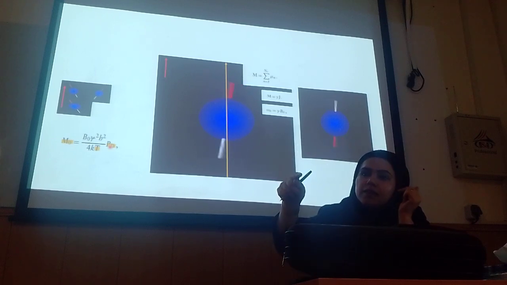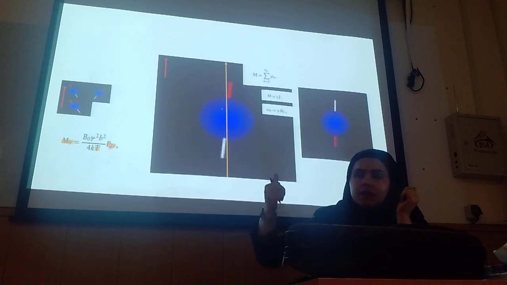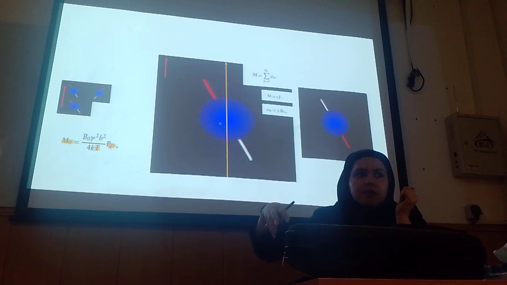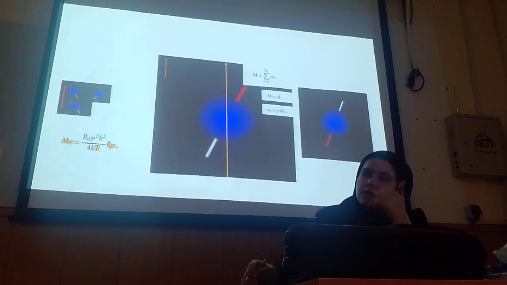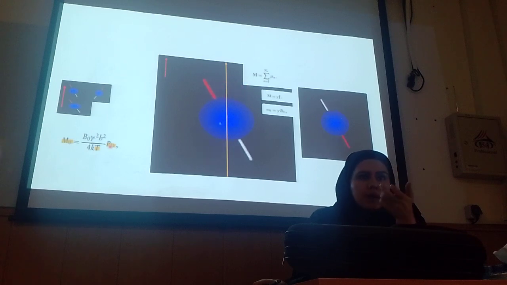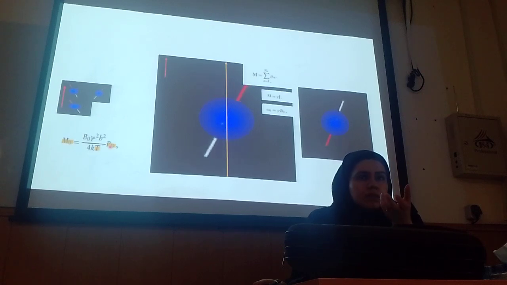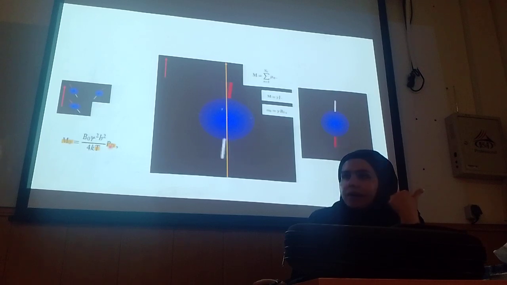In the case of having a tissue with lower proton density, we can use a current with lower magnitude. And in the case of having a tissue with higher proton density, a current with higher magnitude is induced in the coil.